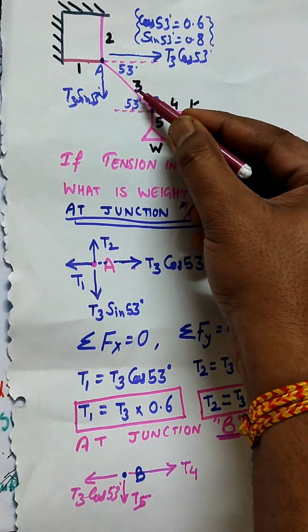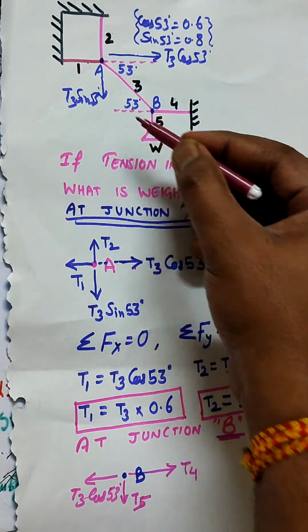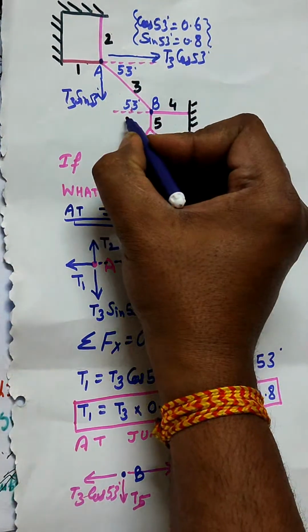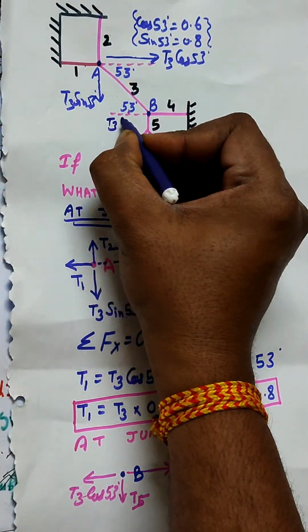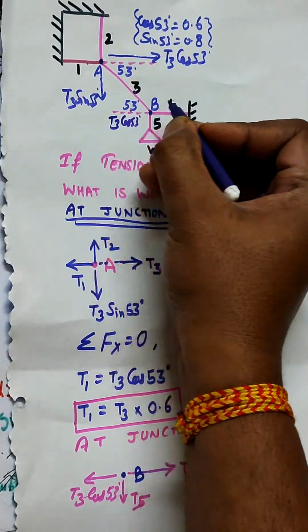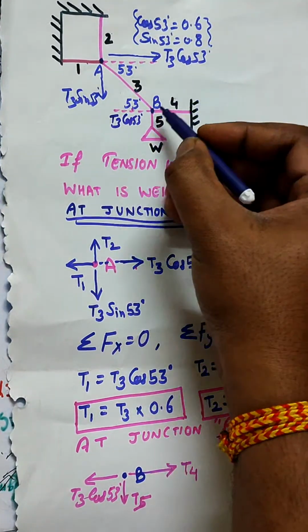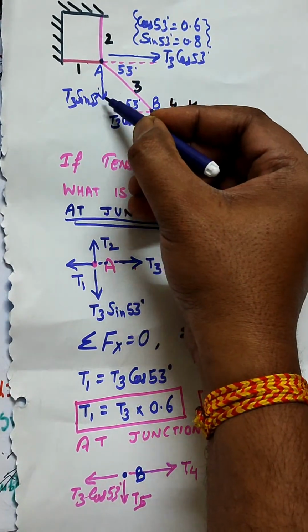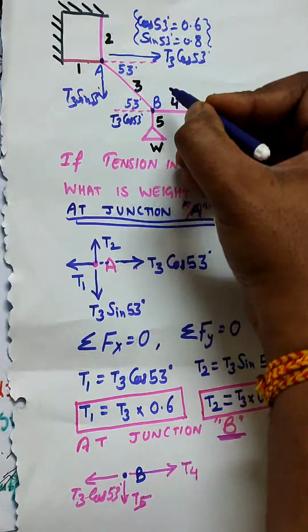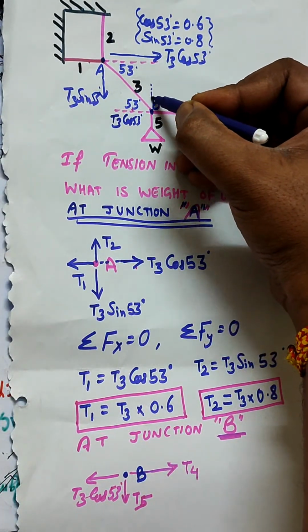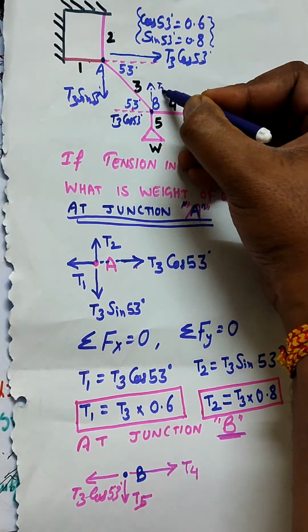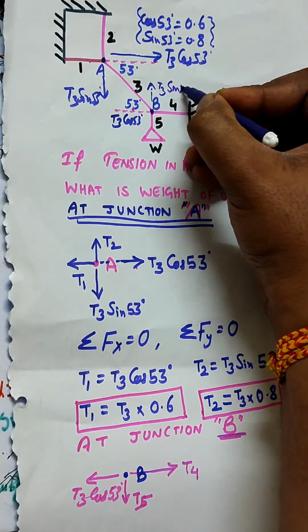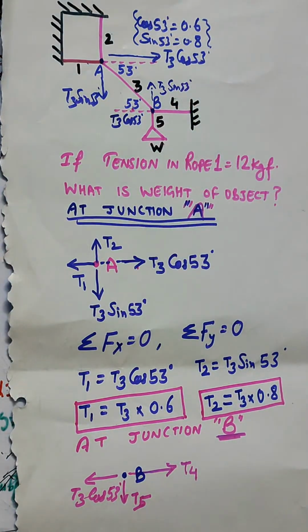So the component of T3 in the horizontal direction will be T3 cos 53 when you are at junction B, as we calculated for A: T3 cos 53, T3 sin 53. So here also is T3 cos 53, and in the upward direction is T3 sin 53.